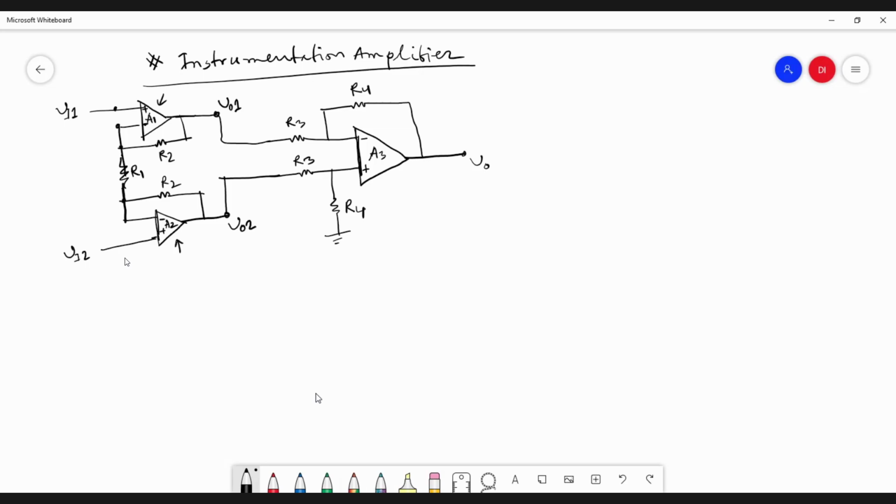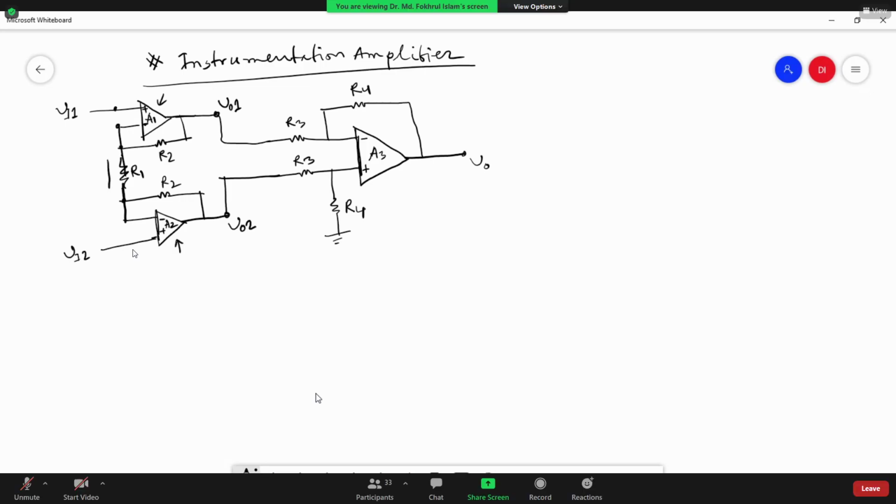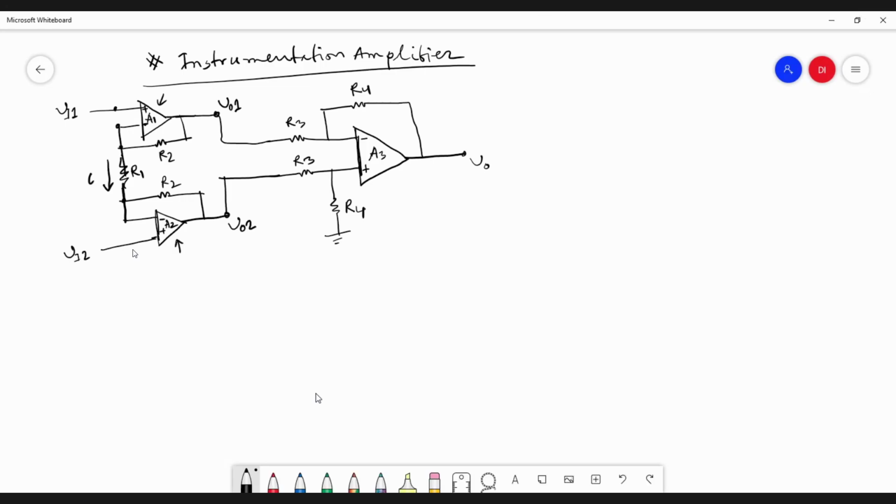If we drive a current I1 through R1, then there will be no current here, and no current here, according to our ideal characteristics. So this I1 current flows through this path. The loop current will be I1.